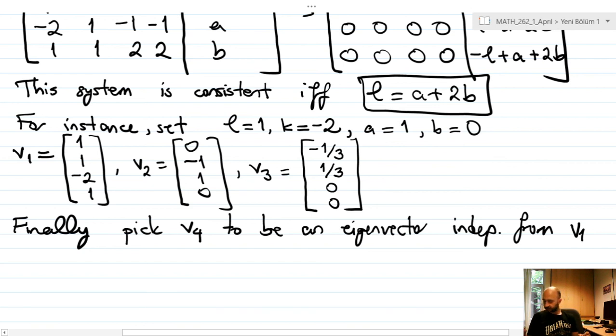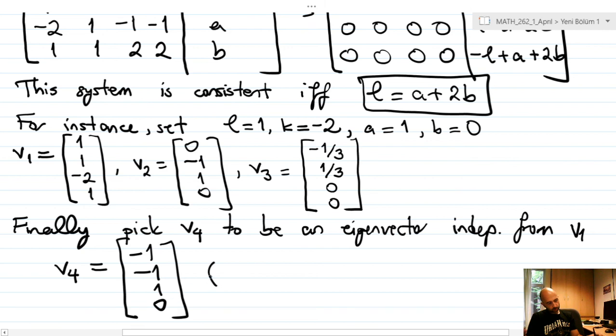There are many such vectors. So I'll just pick something like minus 1, 1, and 0. This is the eigenvector that you get for K equals 1, L equals 0. You could check. It does not have to satisfy these consistency conditions up there because these were for the first Jordan block. This is completely independent.